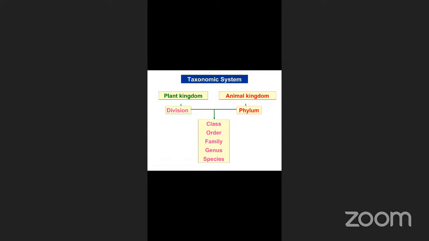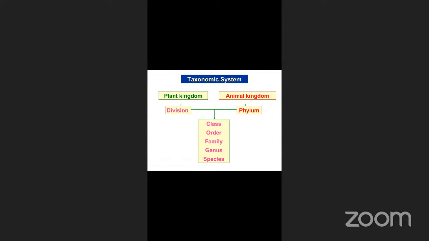Example, plant kingdom and animal kingdom. Kingdom is the highest level in classification. Example, animal and plant kingdom, both kingdoms.